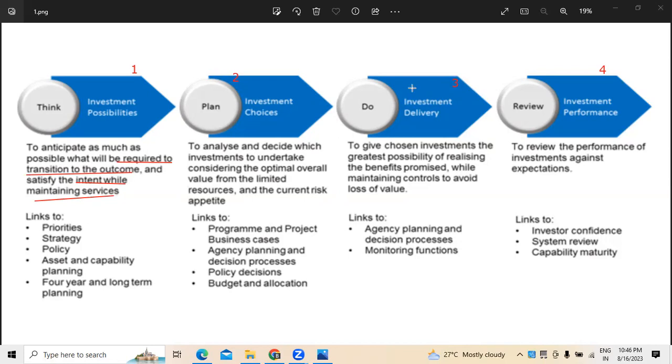Now, when we are trying to understand investment possibilities, the first thing we need to understand is the priorities. Normally, these priorities can be classified into three different parts, in the same way as the requirements we understood and identified earlier: high level priority, intermediary, followed by low level priority.